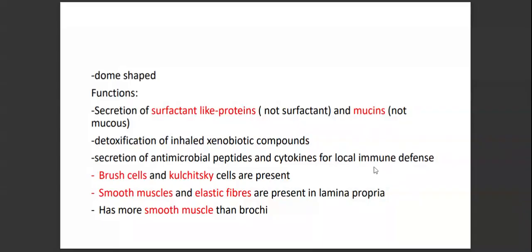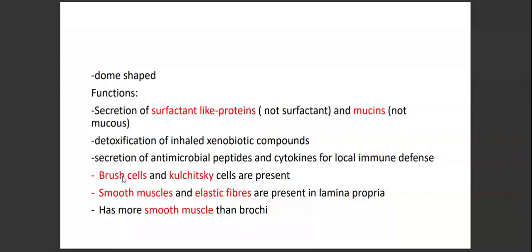So these peptides that are being produced in the nose will not go and function in the GIT. That is why we say they produce these secretions for local immune defense, just for defense in the respiratory tract.